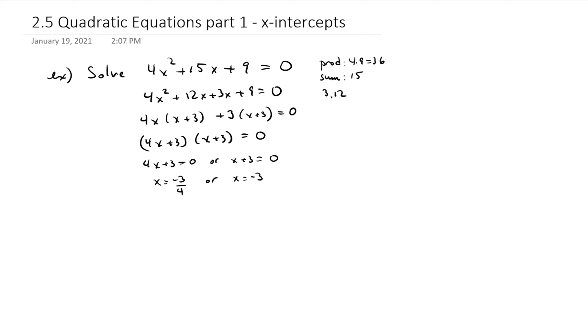Now let's think about graphing y equals 4x squared plus 15x plus 9. This is an equation of the form y equals ax squared plus bx plus c. In this course, we're going to put a big emphasis on these types of curves.